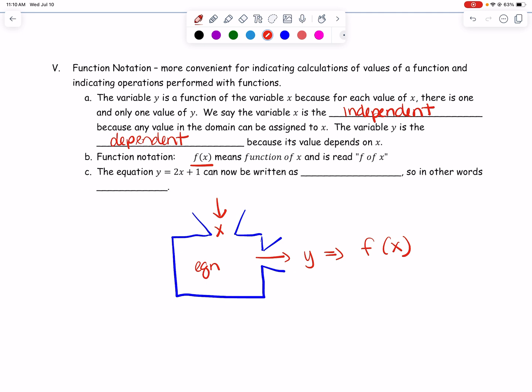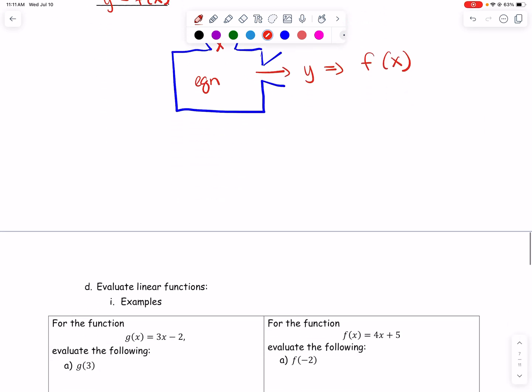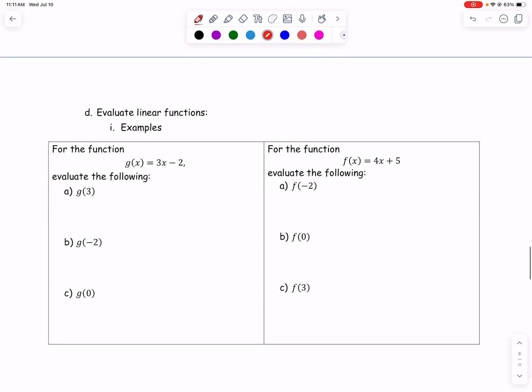So instead of writing y equals 2x plus 1, we're now going to write f of x is equal to 2x plus 1. So in other words, y is the same thing as f of x, okay? So what we're going to do is we're going to substitute in our x value, do our calculation, and get our y value. And what that creates is an ordered pair.